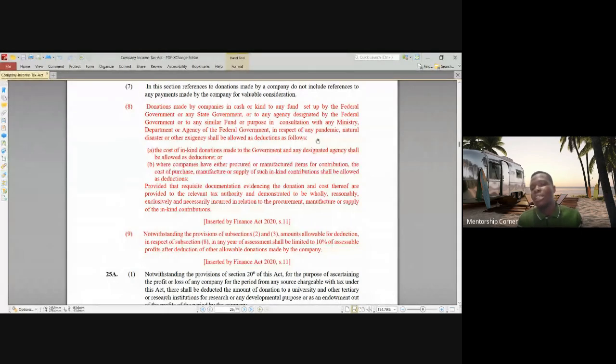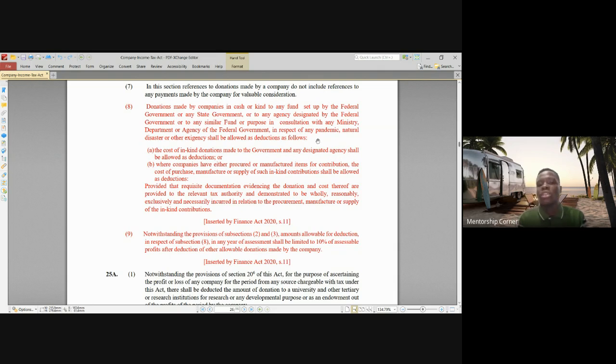Imagine a company that made a profit of 20 million, right? And they said they gave government 19 million for COVID-19 palliative. So at the end of the day, they will have 1 million taxable, or they might even be in a loss-making position sometimes. So the government sometimes says no, we don't want you to say that because you gave donation to the government, then you don't have any tax payable or any taxable profits.